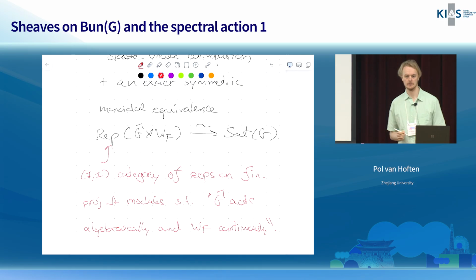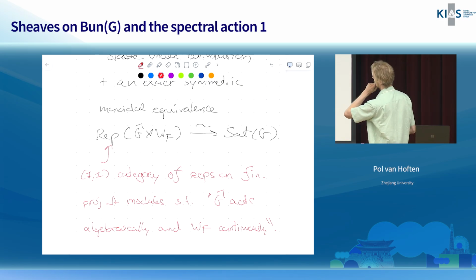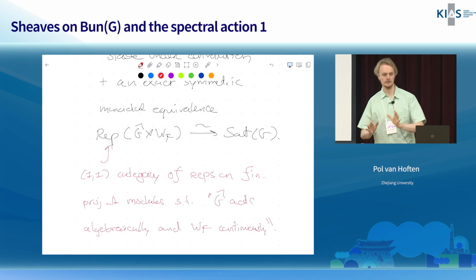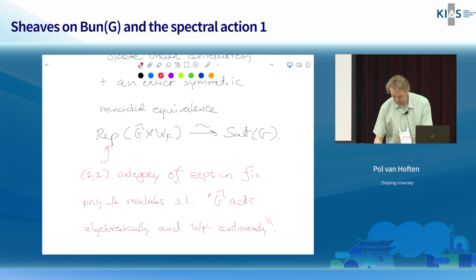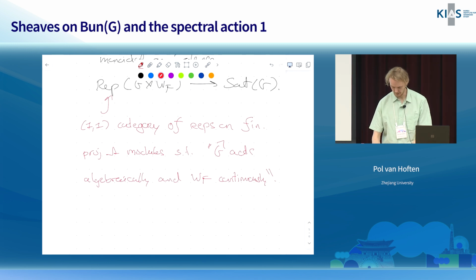Yeah, this is maybe a strange way of saying it, but restricting to G hat, I want just an algebraic action, and restricting to W_F, I want a continuous action. This is more or less what it is.